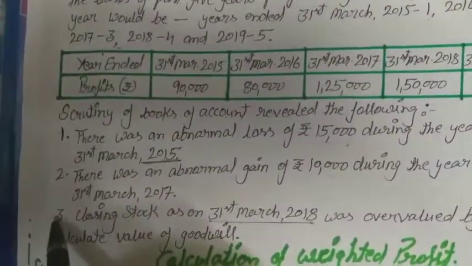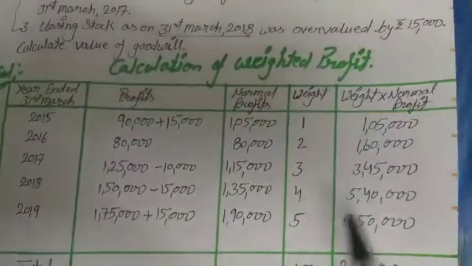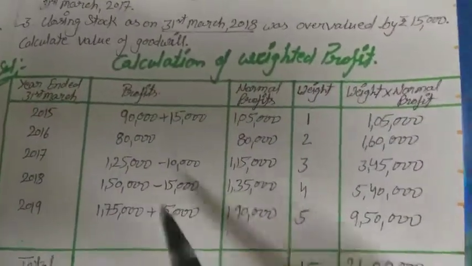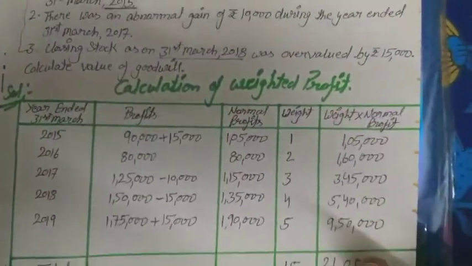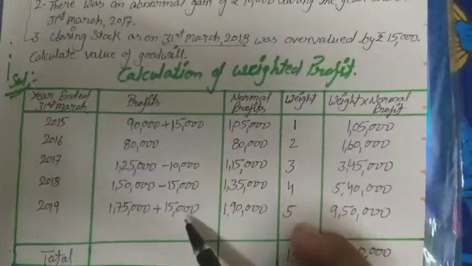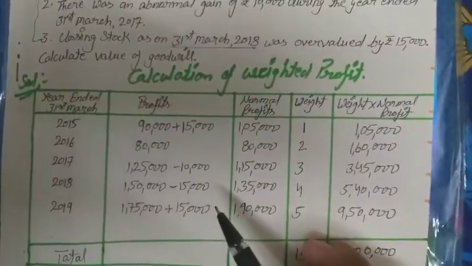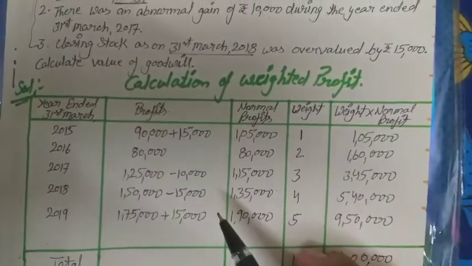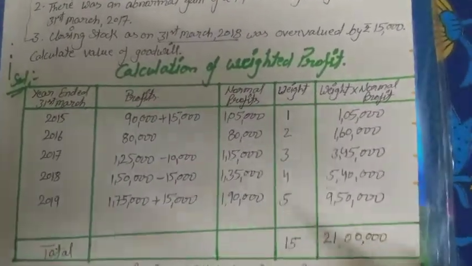Only these adjustments we have to treat, then we have to calculate the normal profit. These adjustments are extra compared to the simple weighted average profit method. So we may have to do these if some adjustments or transactions are given in your question, then you have to solve them.